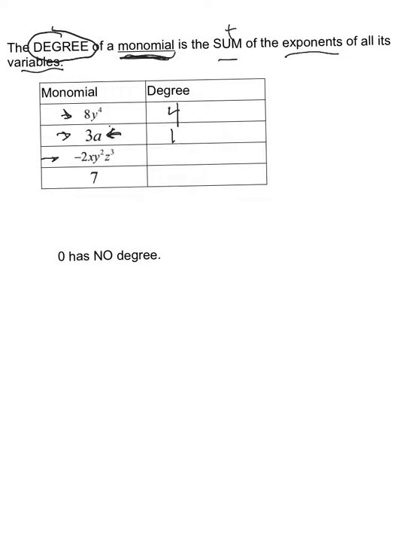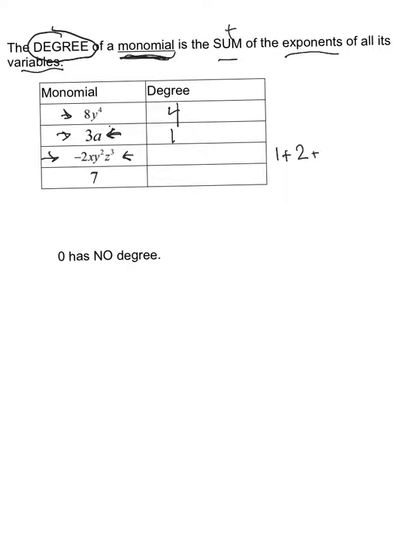Let's look at the next one. Negative 2x, y to the 2nd power, z to the 3rd power. All right, we've got multiple variables this time, so we have to add the degrees. So my first variable is an x. What's my exponent? 1. Plus, my next variable is a y. Its exponent is 2.